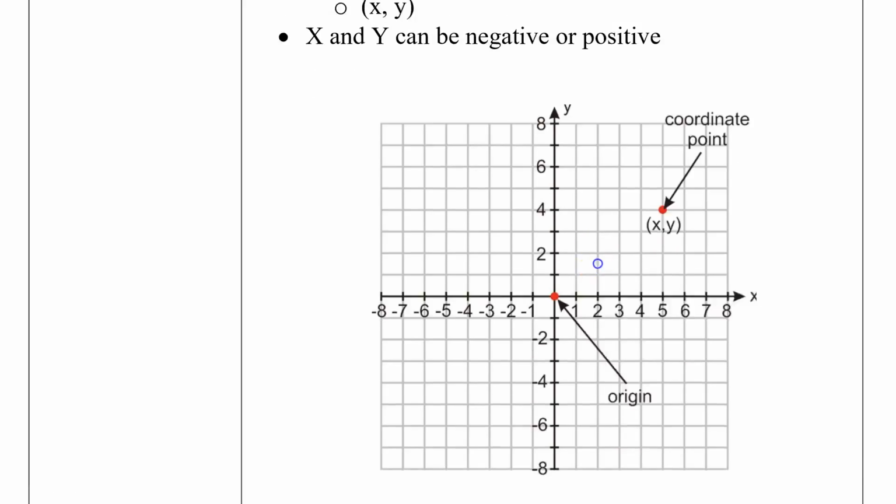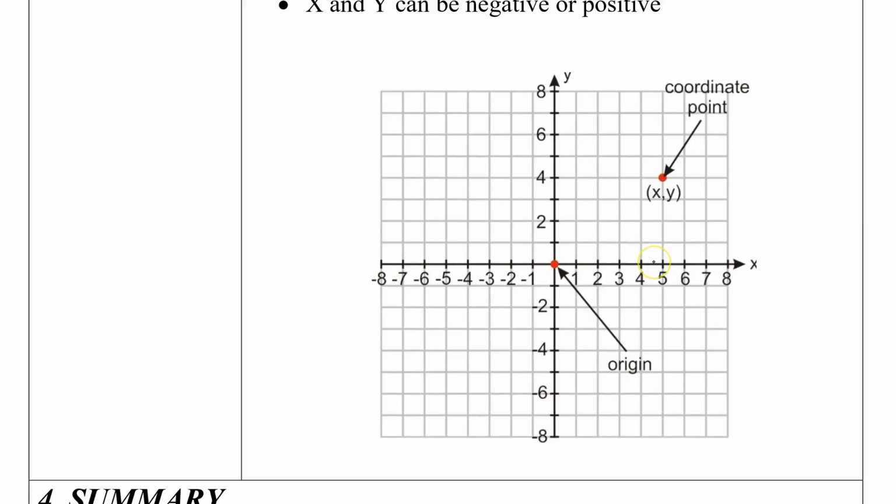So there are 4 quadrants in a Cartesian plane, and this is how we describe them. So this specific point right here, if I were to use my x's and y's, I would describe this one as 5, comma 4, because it goes 5 in the x direction and it goes up 4.